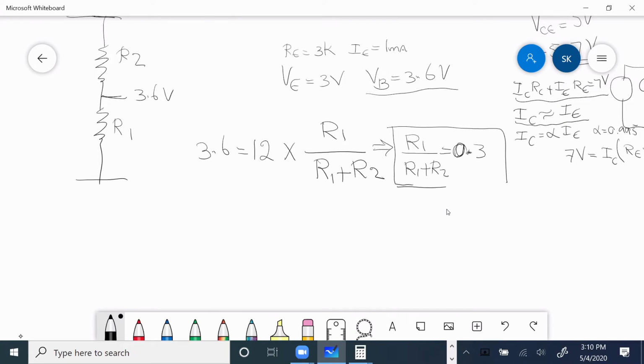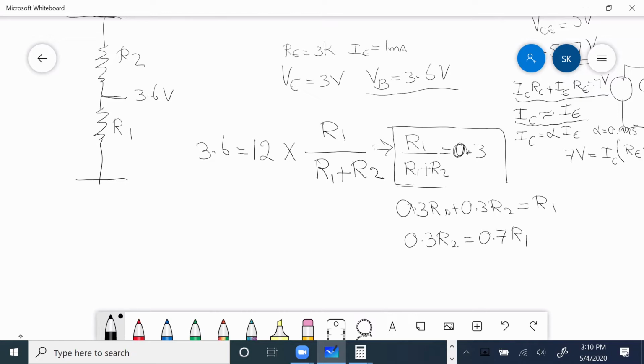0.3. In fact, we can say 0.3 R1 plus 0.3 R2 is equal to R1, or 0.3 R2 is 0.7 R1.